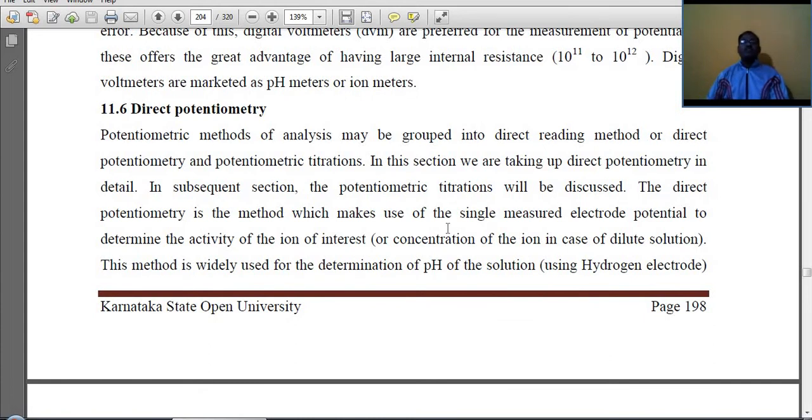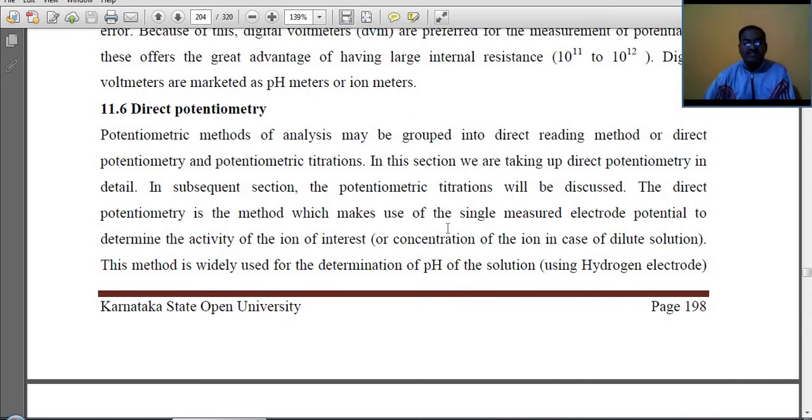The direct potentiometry. The potentiometric methods of analysis may be grouped into direct reading method or direct potentiometry, and potentiometric titration. In this section, we are taking up direct potentiometry in detail.